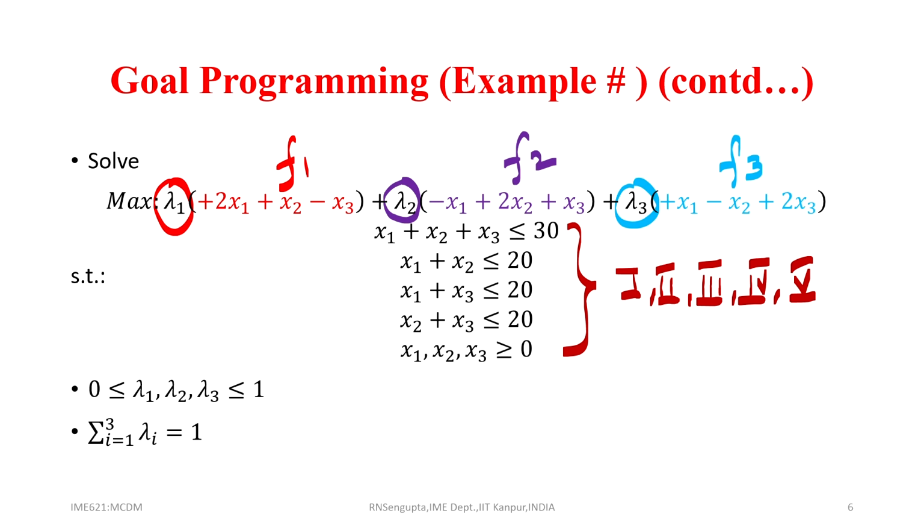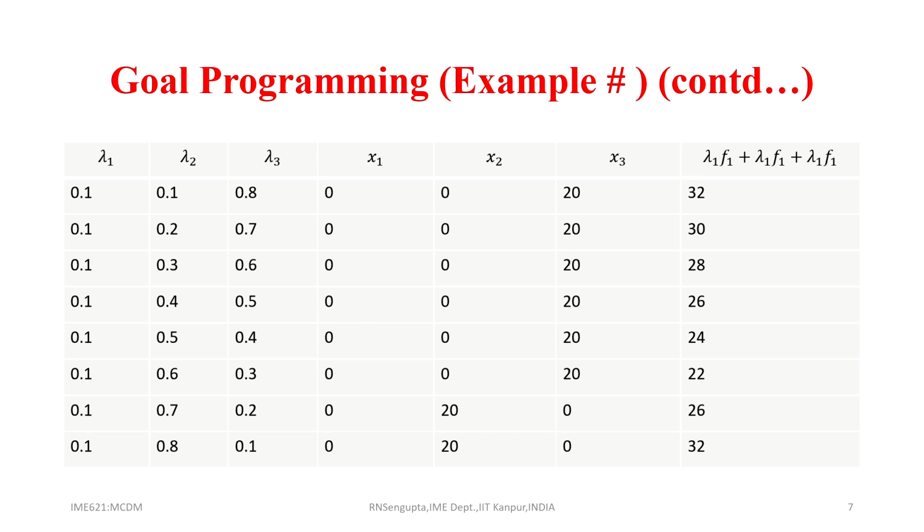Now, I take different combinations, and I have enumerated all of them for simplicity, for ease of understanding, for getting a better viewpoint. So, I took the values of lambda 1, lambda 2, lambda 3. Why am I putting colors? Because they correspond to red, violet, blue for F1, F2, F3.